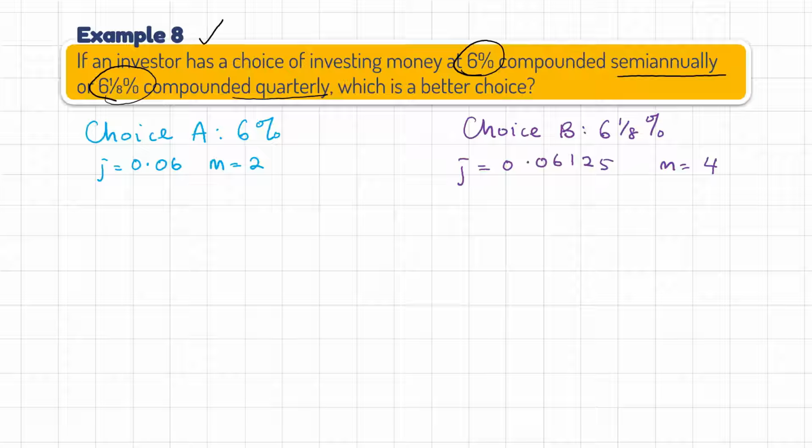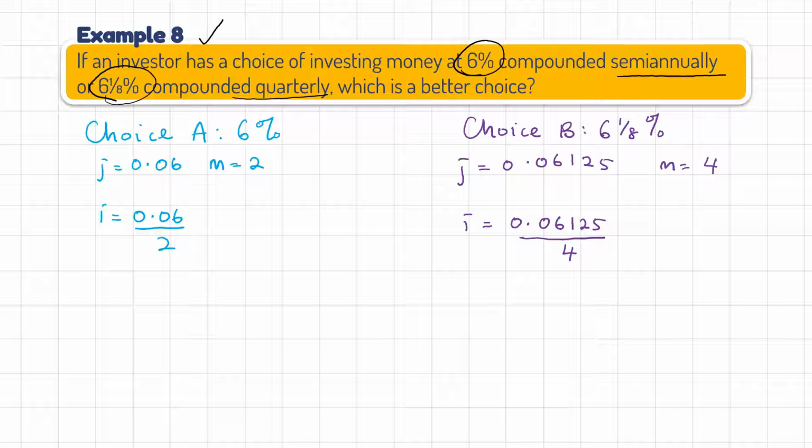Therefore, it will give us the interest rate for choice A is 0.06/2 and the interest rate for choice B is 0.06125/4. What you have to do is find the effective interest rate for choice A and the effective interest rate for choice B. Then you have to compare between those effective interest rates.